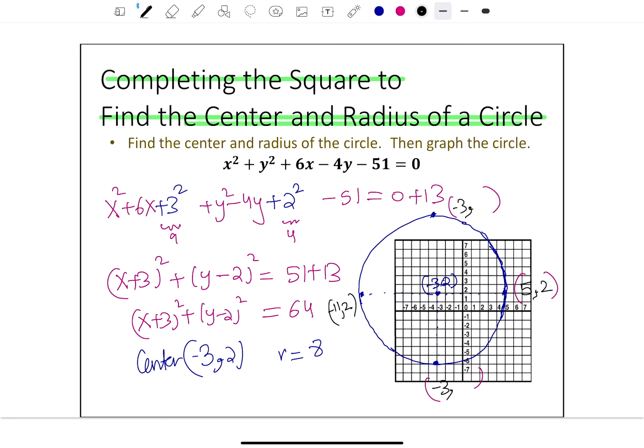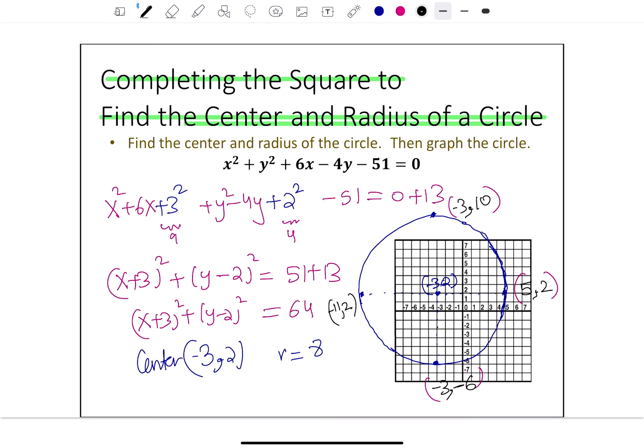And now think about other y coordinates for the vertical points. So my y coordinate was 2. From 2, if I go 8 above, I would be at y equals 10. And if I go 8 below, I would be at -6.